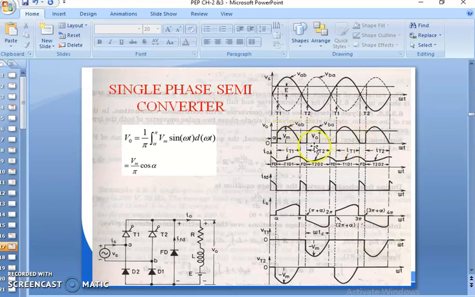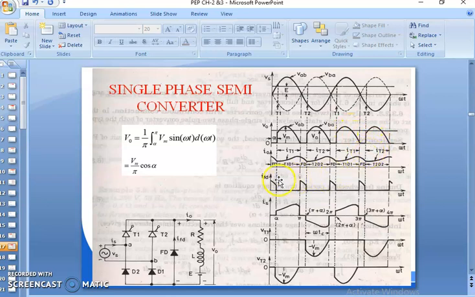In this way the V0 waveform is continuous, except for a break period only during FD conduction. So you can write the sequence of load voltage V0 as alpha to pi, then 2 pi plus alpha to 3 pi, then 3 pi plus alpha to 4 pi, and so on.